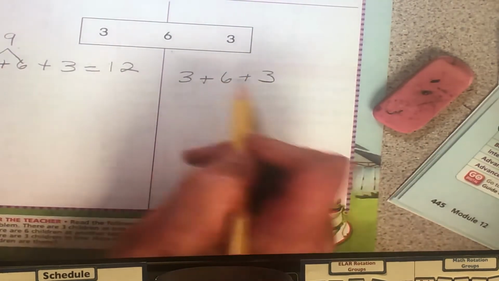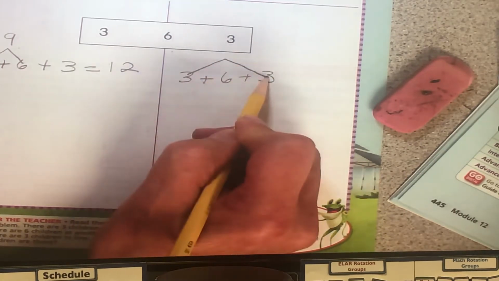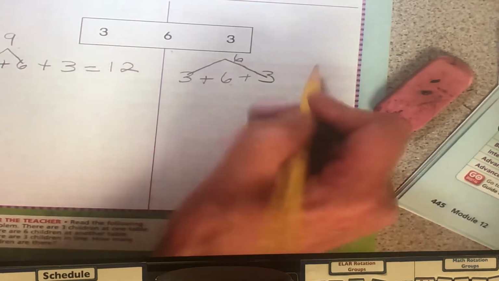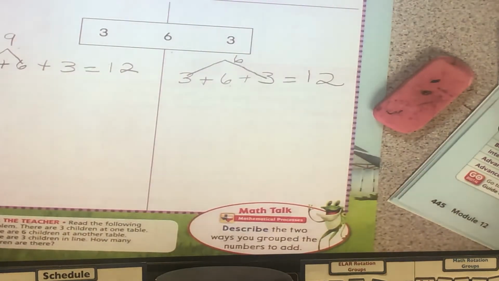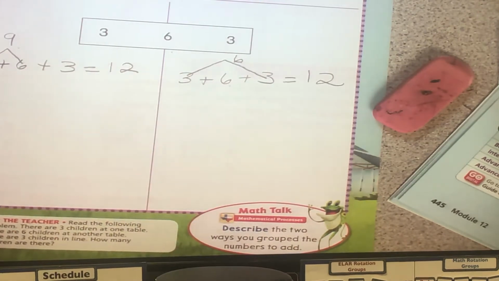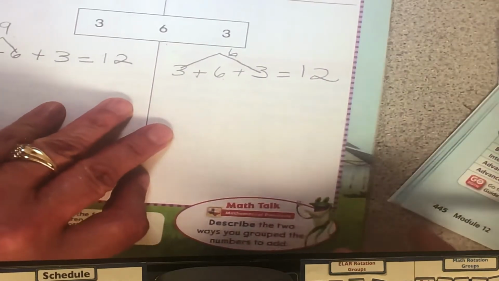Well, I'm going to choose doubles this time. 3 plus 3 is what? 6. Then I have 6 plus 6, another double, is 12. That's 12 right there. So there are 2 different ways that you can do that. Okay, turn the page.